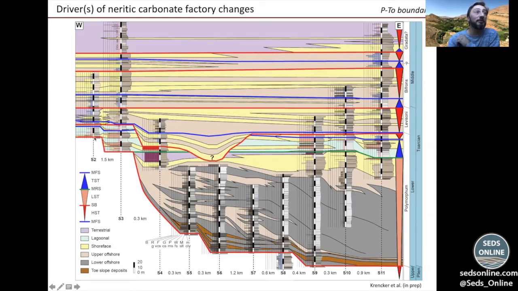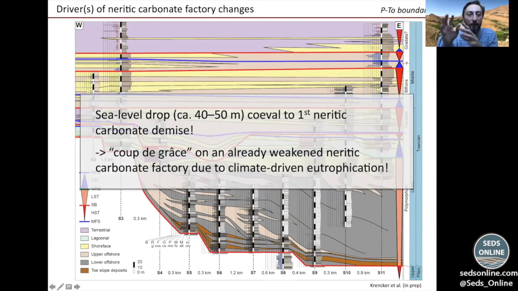And this relative sea level drop, because we know we have terrestrial deposits here, and here in white below is the shallow marine Plienshbachian–Bajocian shallow marine deposits. We can actually measure here, and from a geometrical point of view, say that we have at least something like 40 to 50 meters of sea level drop that is coeval to the first neritic carbonate crisis.